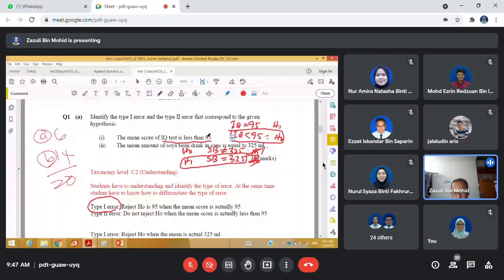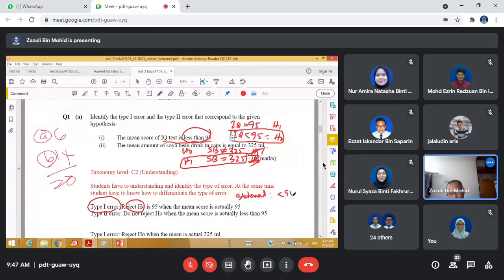as stated here. We have to reject H0 when the score is not as in this statement. The statement says that it is less than 95.